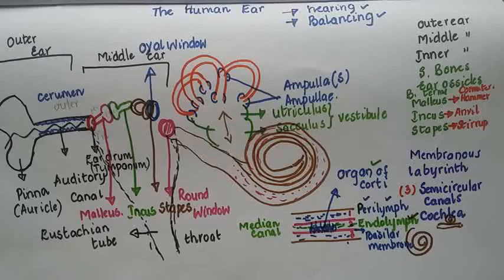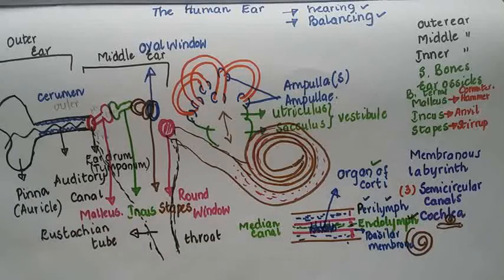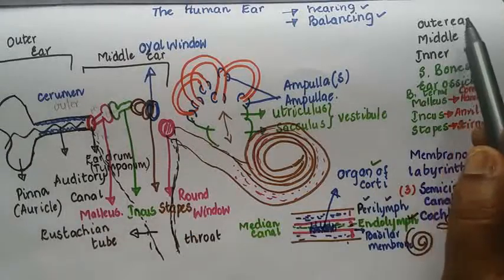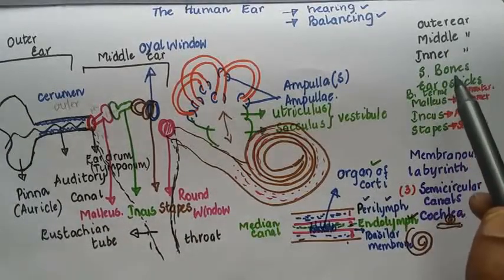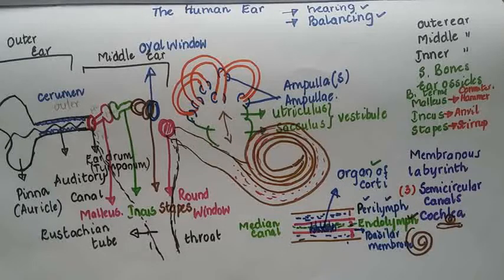Okay, children. These are the three different parts of the ear known as outer ear, middle ear, followed by inner ear. What is the other name for the inner ear? That is known as the membranous labyrinth.